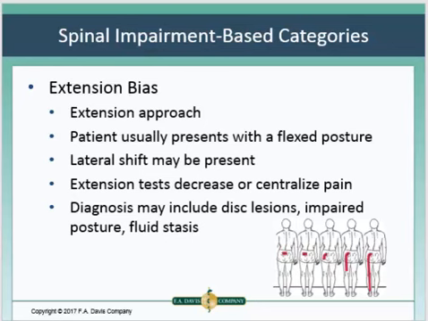All right, extension bias. These are individuals who do better with extension exercises. They tend to be worse with spinal flexion. And the injury is often in that flexed posture that I talked about in the last podcast, where bending forward is putting too much pressure on the front, and you may get creep within that disc and actually alter the shape of the disc temporarily.